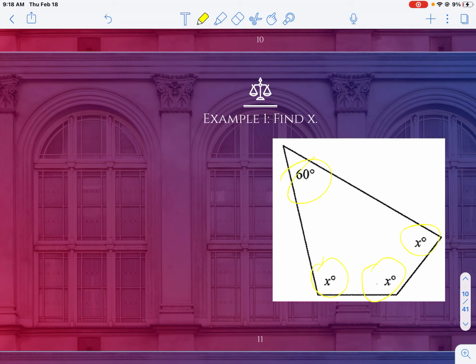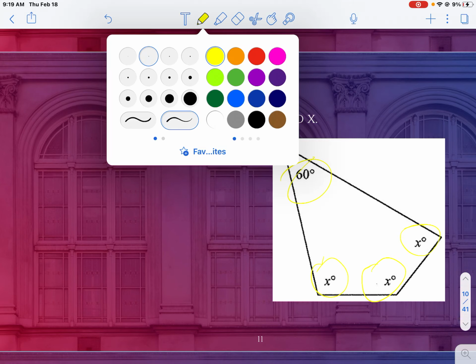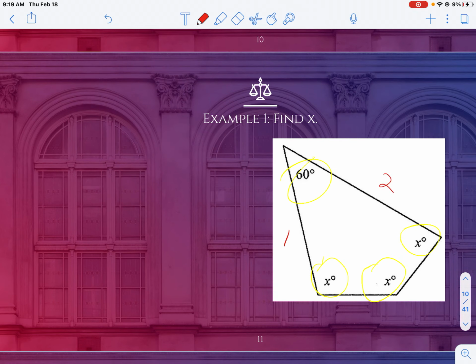For example, I know that this is a 4-sided figure: one side, 2, 3, 4 sides. So I've got a quadrilateral. I know the sum is (4 minus 2) times 180. Go ahead and write the formula out first.